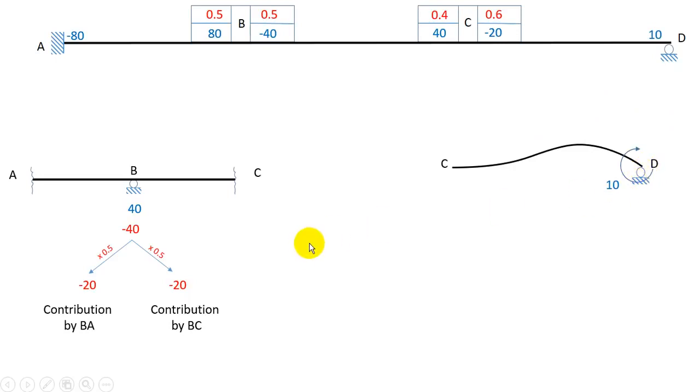Pin jointed supports do not have strength enough to counteract this, as this joint had strength to counteract this 40 kilonewton meter by providing minus 40. Pin jointed ends do not have that strength. So we as structural engineers have to provide that strength to the joint, and we have to provide minus 10 kilonewton meter.